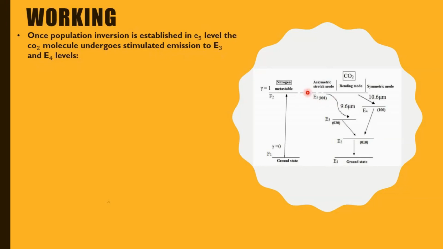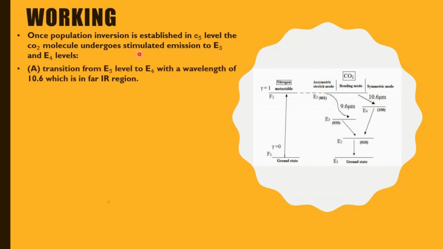The first is the transition from the E5 level to E4, with a wavelength of 10.6 micrometers, which is in the far IR region.